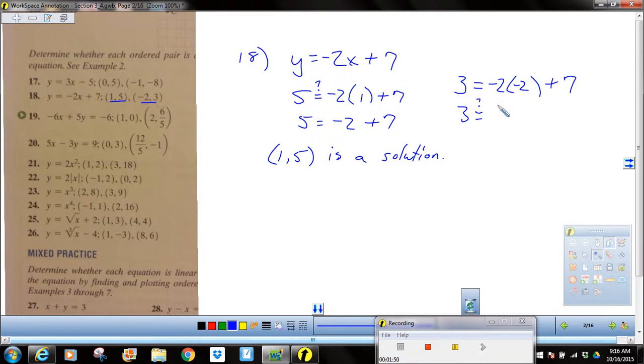Negative 2 times negative 2 is 4 plus 7. That is not equal to 11. Well, 4 plus 7 is 11, but 3 is not equal to 11. So I would put that the ordered pair negative 2, 3 is not the solution.